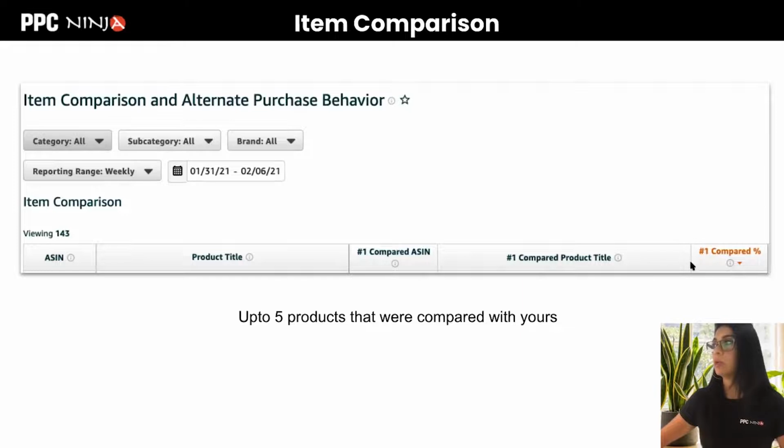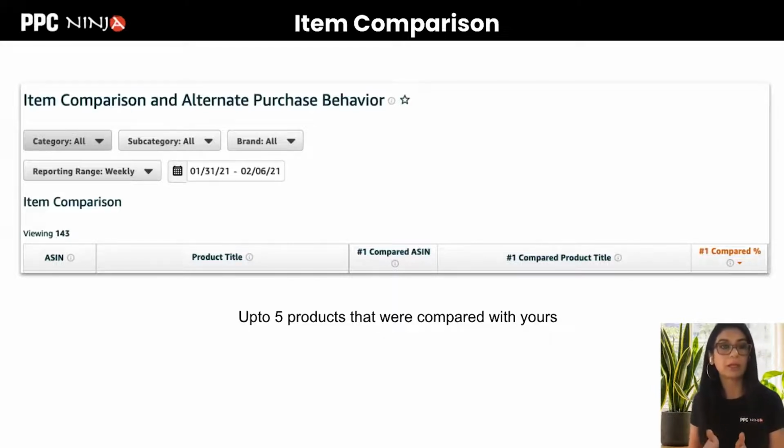So it tells you what percentage of the time your product was compared with this other product. So if people are comparing your product with other products, that is important information for us, because then we know that there's an interest in these similar products. It may not be frequently bought together, but they're at least researched. So it's a different angle at data analysis.